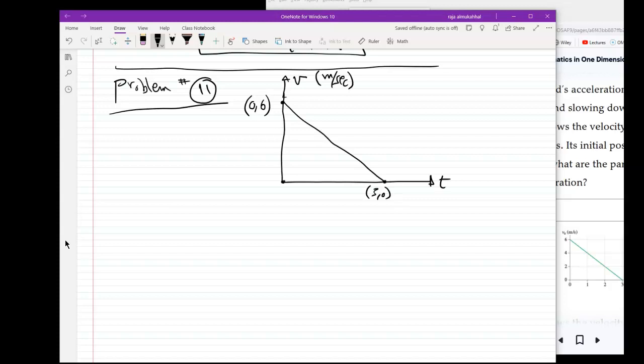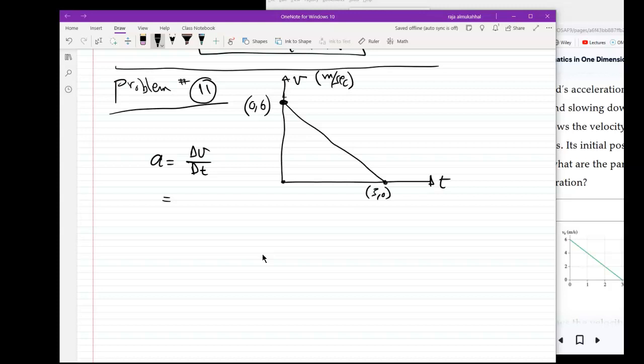Now I can find the acceleration. How do I find it? The acceleration is the slope of this line in the v-t graph. In other words, acceleration is delta v over delta t. I hope you already know that from your book. So I can pick two points, this point right here and this point right here.